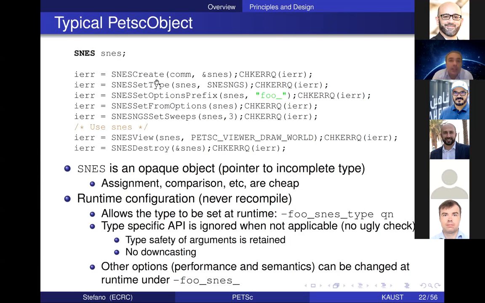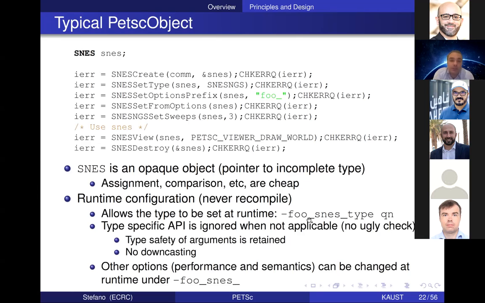And here in this case, in the second line, I'm setting the type of my nonlinear solver to be, in this case, nonlinear Gauss-Seidel. Then I issue this call, which is SNESSetFromOptions. And SNESSetFromOptions basically gives the possibility to the user at runtime to select possibly a different solver or to customize the specific solver.